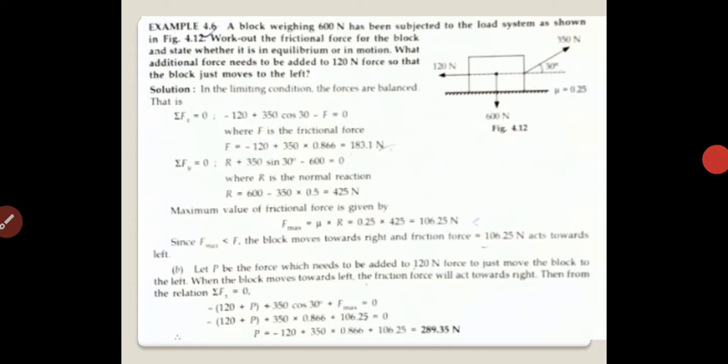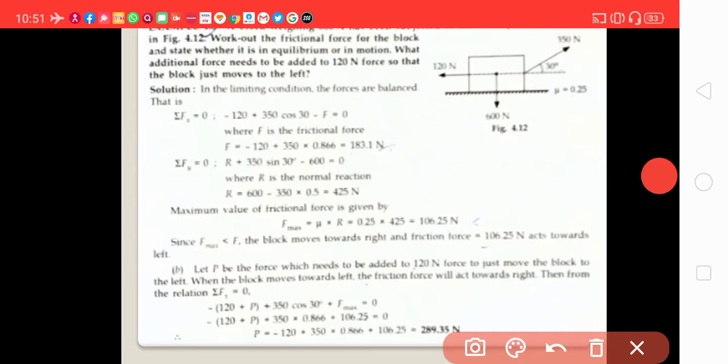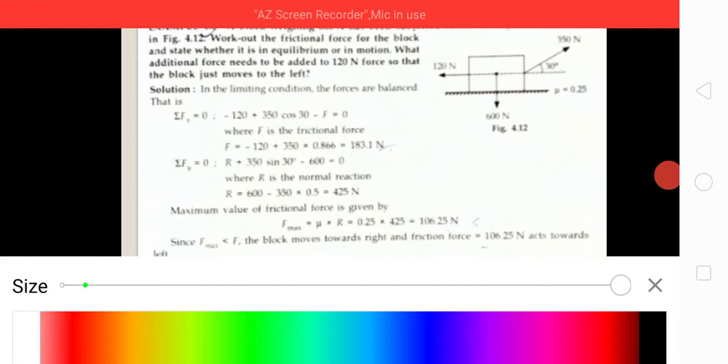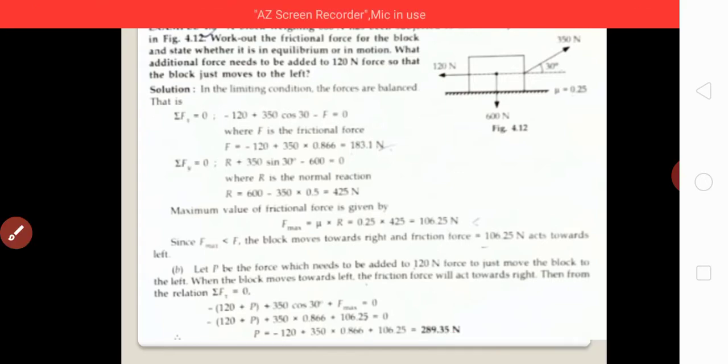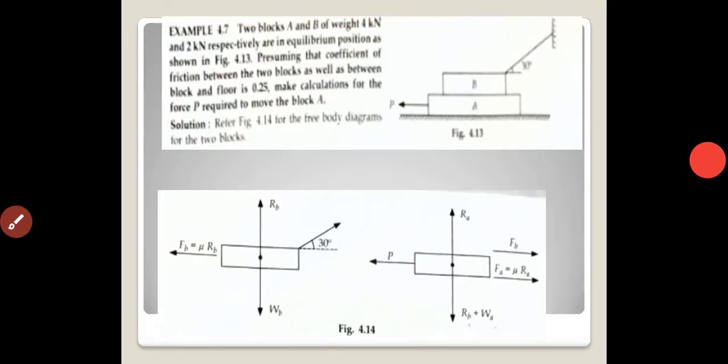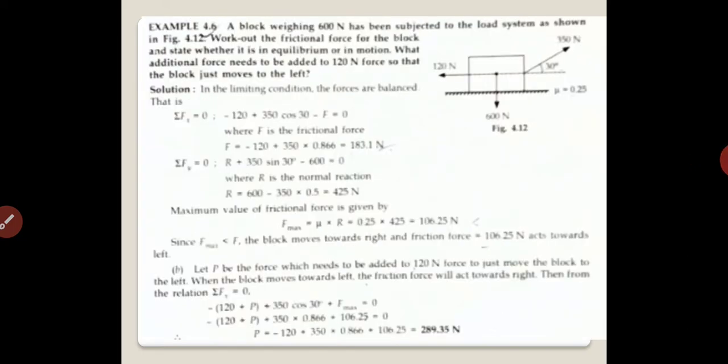Now take the case, that is your first problem we are dealing with. A block weighing 600 Newton has been subjected to a load system as shown in figure 4.12.